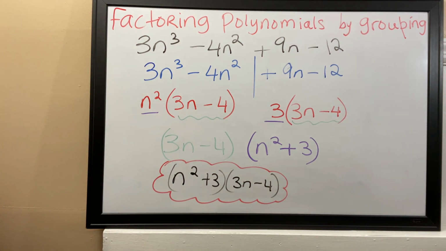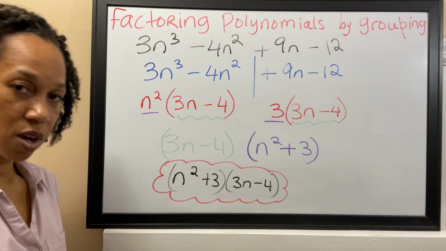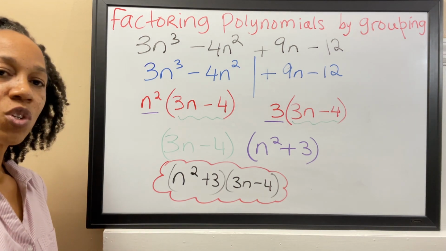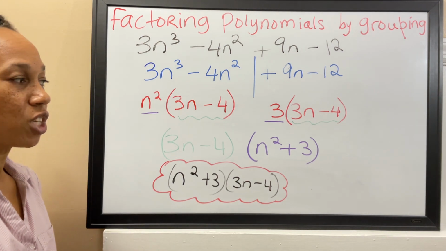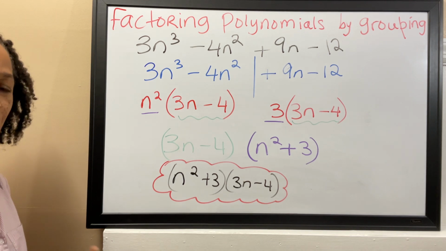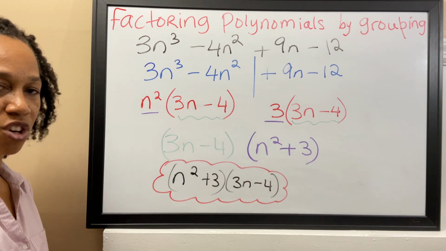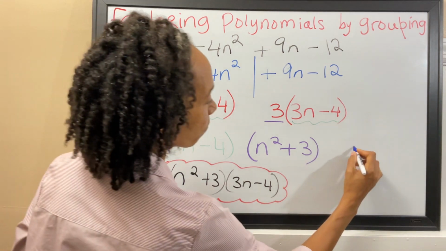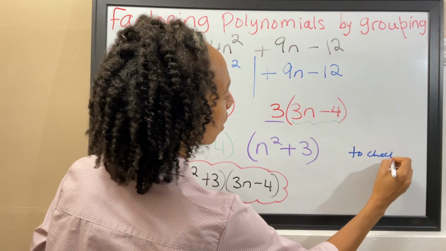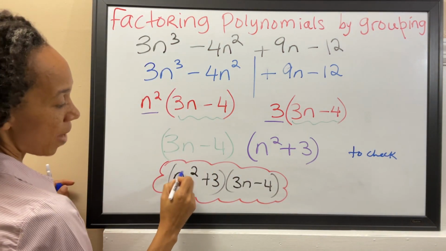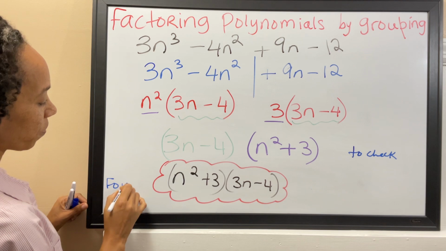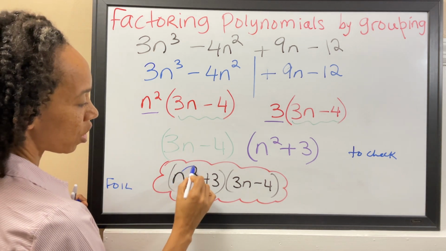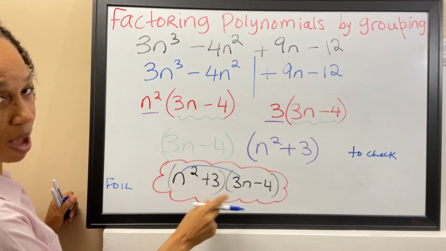Okay, now I also encourage my students to check their work, because you want to be confident that yes, you got it, and yes, this is correct. So to check your work, I always multiply using the FOIL method. I multiply my first terms together of each of my binomials.